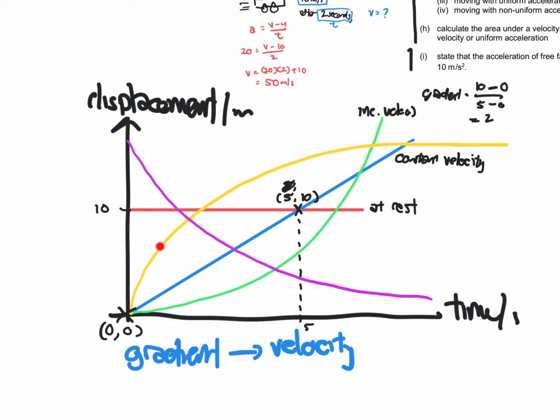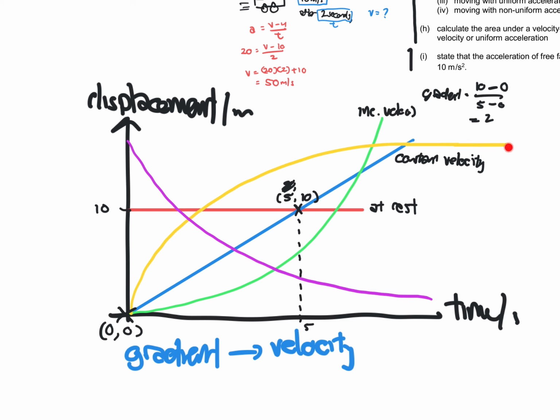This is quite steep, then it gets quite smooth, isn't it? So looking at gradient, my gradient is decreasing. Decreasing gradient, decreasing velocity. And interesting, look at this over here. You realize this is similar to this? It goes until there's zero gradient. That means this is decreasing velocity, and then after that, I'm not moving anymore.